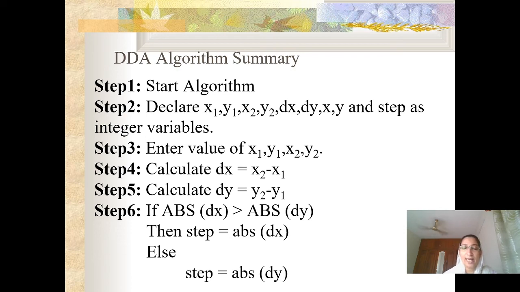In step 4, calculate dx is equal to x2 minus x1. In step 5, calculate dy is equal to y2 minus y1. In step 6, we check the condition: if the absolute value of dx is greater than the absolute value of dy, then step is equal to the absolute value of dx; else, step is equal to the absolute value of dy.